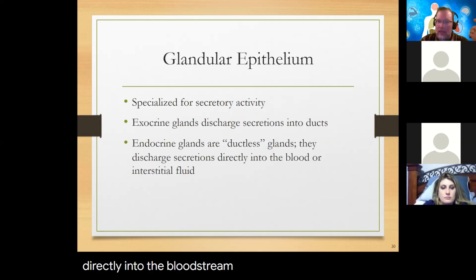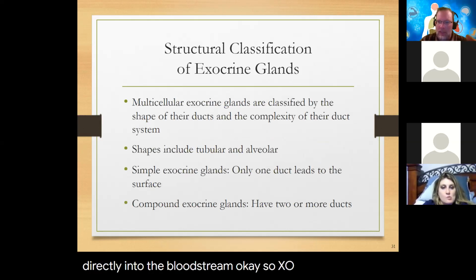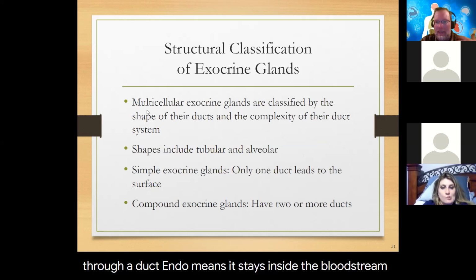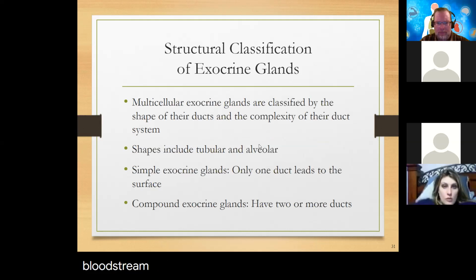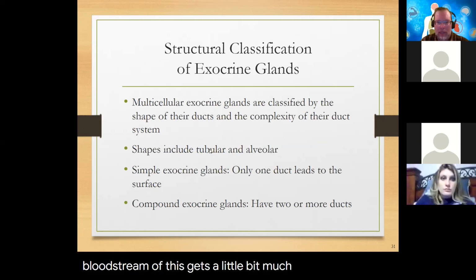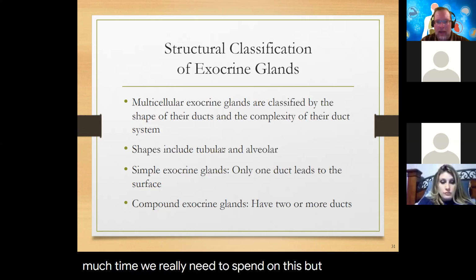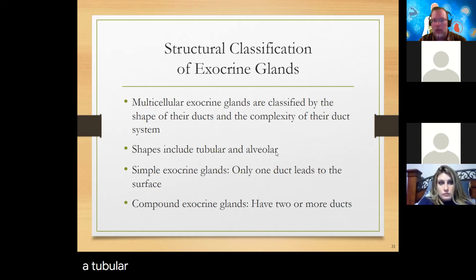So exo means it exits through a duct. Endo means it stays inside, it goes inside of the bloodstream. Some of this gets a little bit much. I don't know how much time we really need to spend on this, but we can have tubular or alveolar, which look more like grapes.